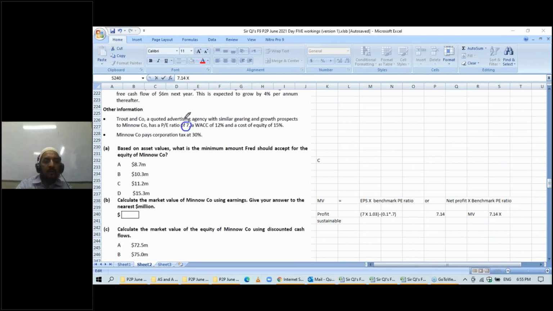Trout Company, a quoted advertising agency with similar gearing and growth prospects. You may know the company. So the similar company's price earning ratio in the market is 7. So either you take the price earning ratio of a similar company, or an average company, or the industry average.